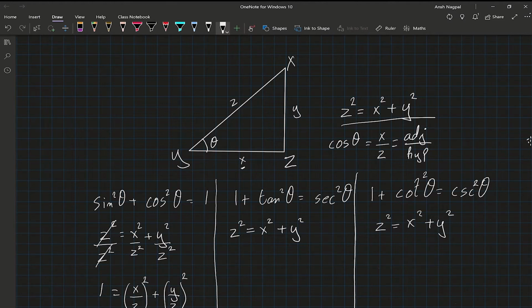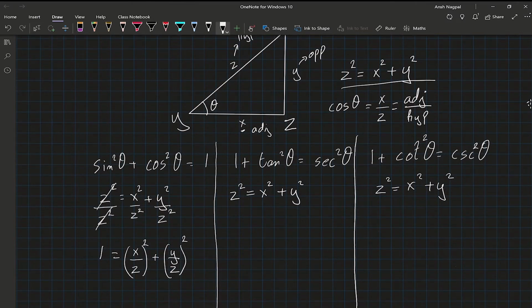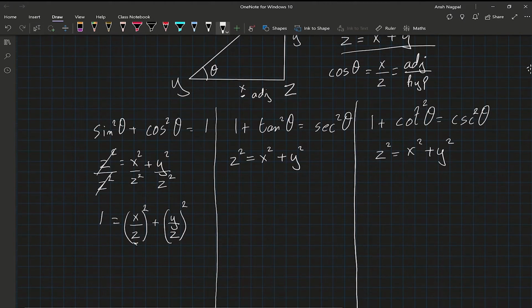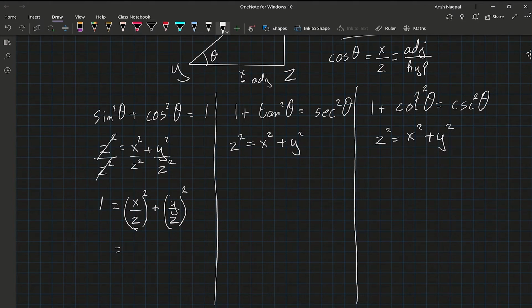So x is our adjacent, y is opposite because it's opposite to angle theta, and z is our hypotenuse. And so I can write x over z in here as cos theta, right?